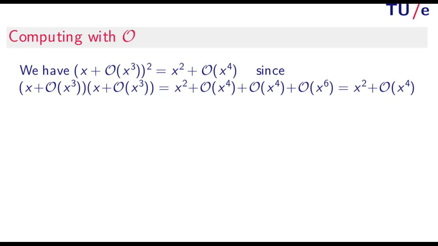So we do have that it is x squared plus big O of x to the power 4. In the same way, we can find that x squared plus big O of x to the power 3, divided by x, is equal to x plus big O of x squared.